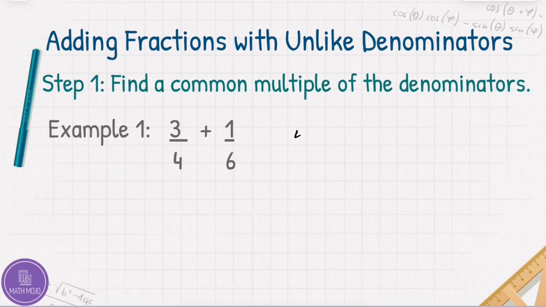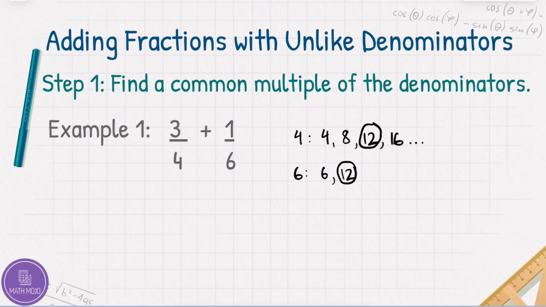Looking at 4, the multiples of 4 are 4, 8, 12, 16, and so on. And now let's try for our 6 common multiples. So we start with 6, 12, and as you can see, we have hit a common multiple. So that means our common multiple for 4 and 6 is 12.